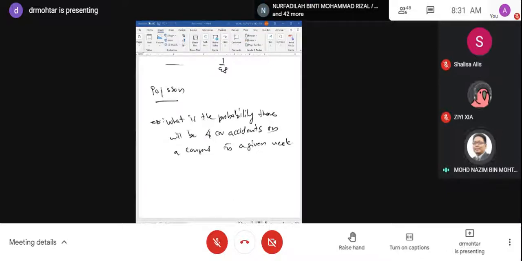As in the examples, the number of events is the car accidents in a given time. So in a week, how many events occur, right? So there are two parts in portions. We will later go through each one in detail, right?